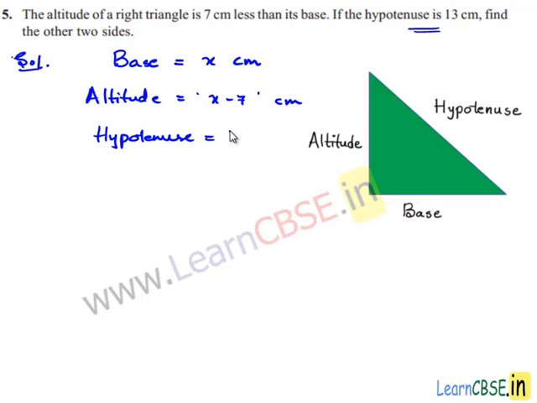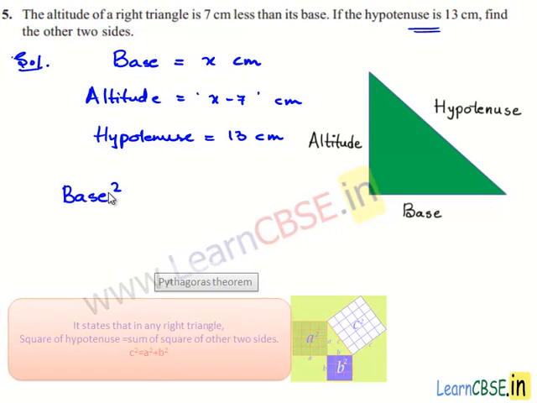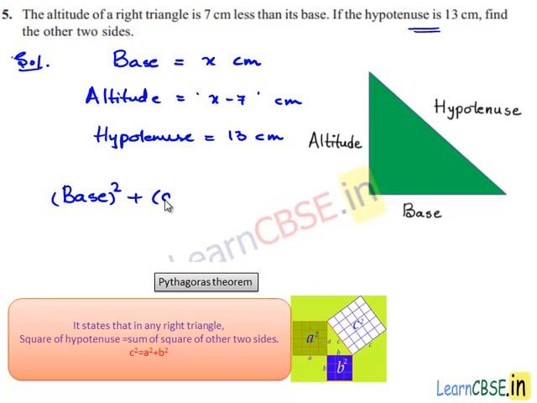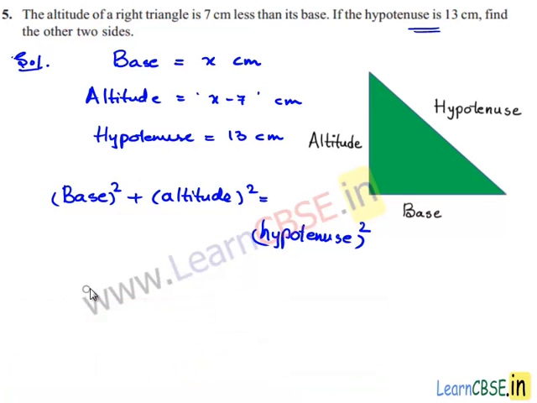The hypotenuse is 13 centimeters. In a right triangle, we know that base square plus altitude square is equal to hypotenuse square. The base is x, so base square is x square, and altitude square is (x minus 7) whole square, and the hypotenuse square is 13 square.